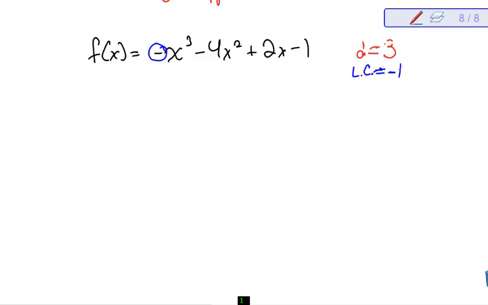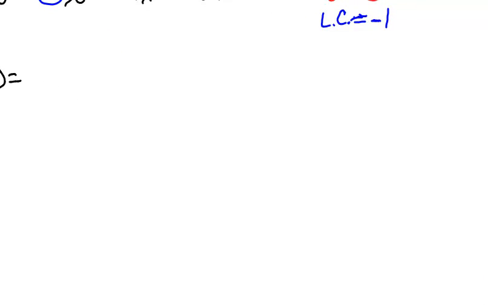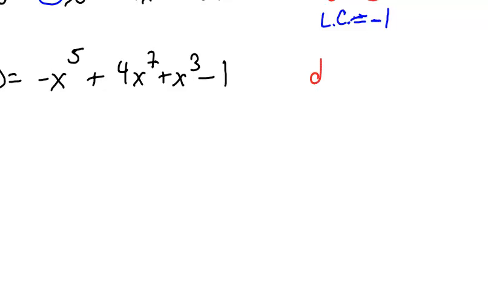Let's look at if I have f of x equals negative x to the 5th plus 4x to the 7th plus x to the 3rd minus 1. Think about it. What is the degree of this polynomial? What is my largest exponent?